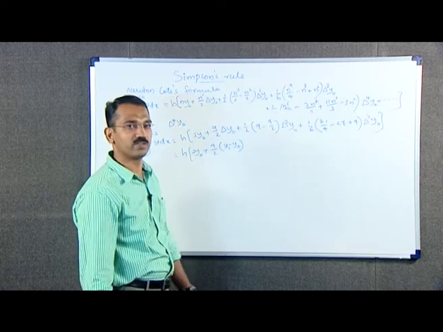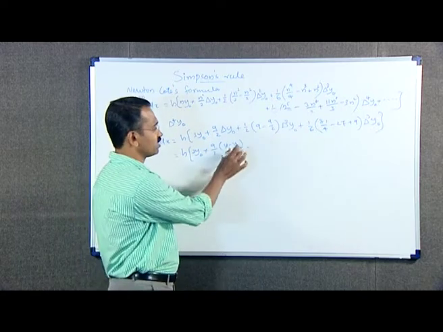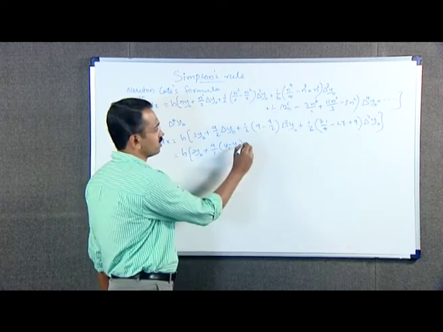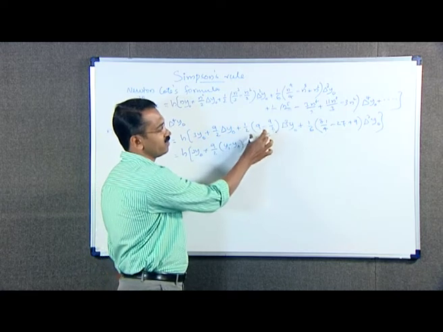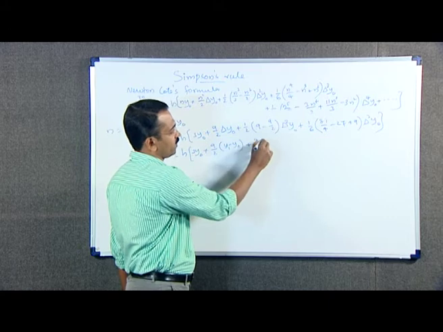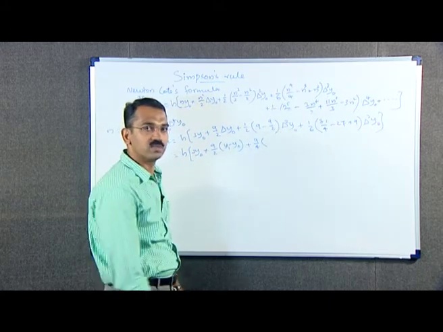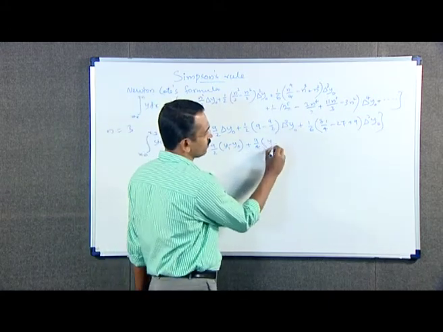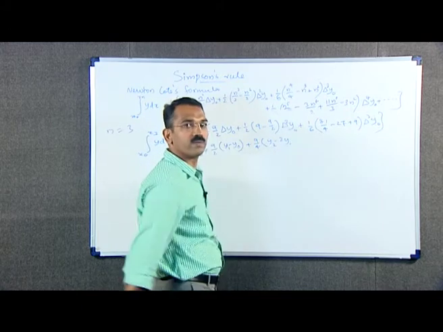Delta is the forward difference operator, therefore delta y naught is y1 minus y naught. Plus, on simplification we get this as 9 by 4 into delta square y naught, which is y2 minus 2 y1 plus y naught.